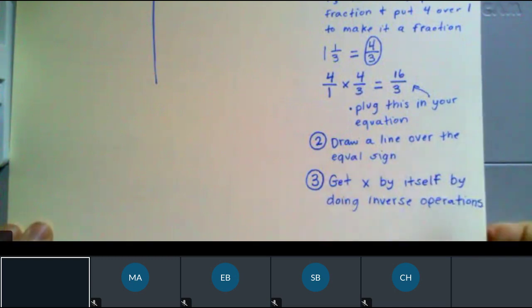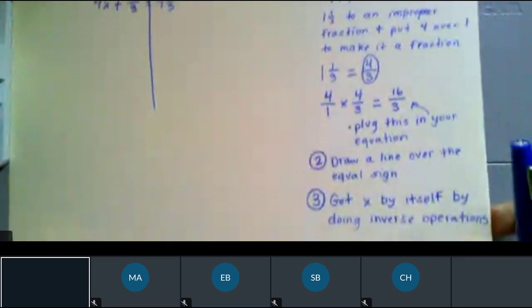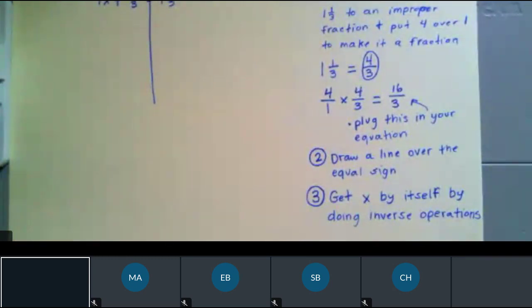Okay. So let me move it back down. Or if you were copying that, I'll leave it right there for just a second. So step 3, get x by itself by doing inverse operations. And inverse operations just means the opposite of what is already being done.